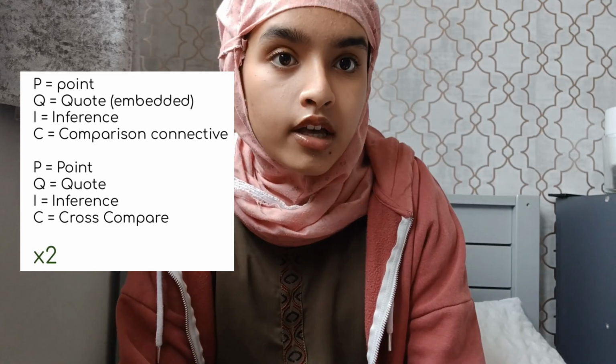So what you would do is you'd get a point for the first source, you'd find a quotation which you'd embed, then you'd make an inference, and then you'd make a comparison connective such as however, on the other hand. Then you'd go on to talk about the other source, you'd make a point, you'd find a quotation, embed it, make an inference, and then you'd cross compare between the 2 different sources. So you'd have a cross comparison sentence comparing the 2 based on all the previous analysis you just did. And you would do 2 of those, so in total you'd have around 4 paragraphs.